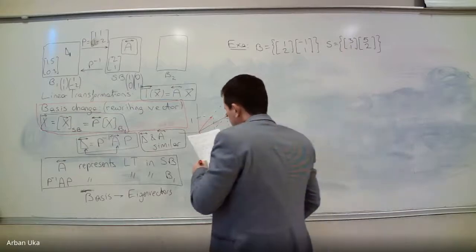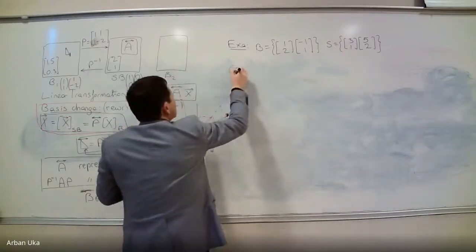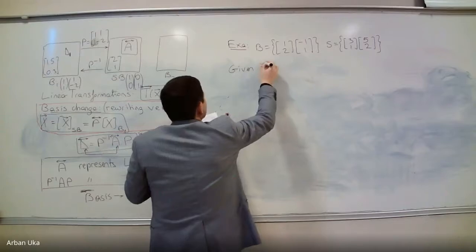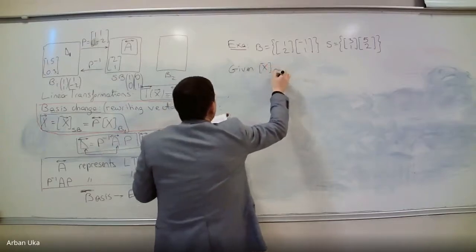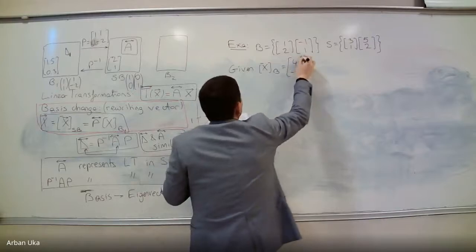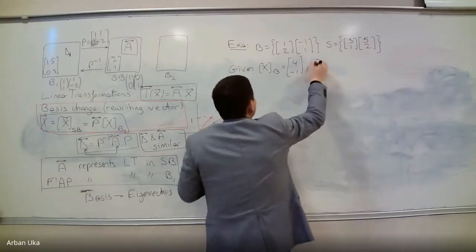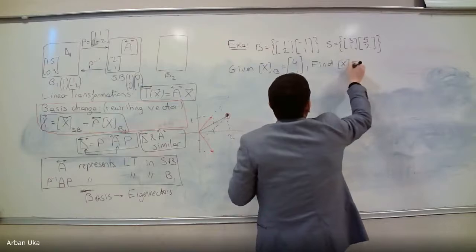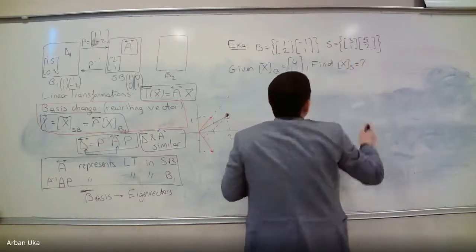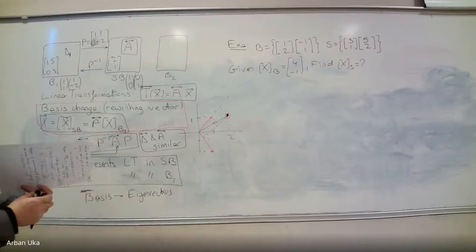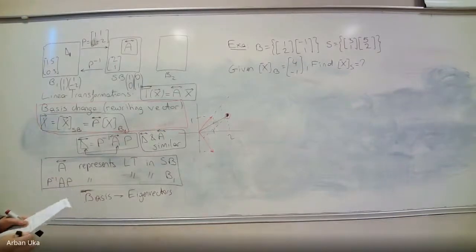We are given that X in basis B is equal to (4, -1). Find what the vector X is according to basis S. This is what we are given, and we have to find the vector in basis S.